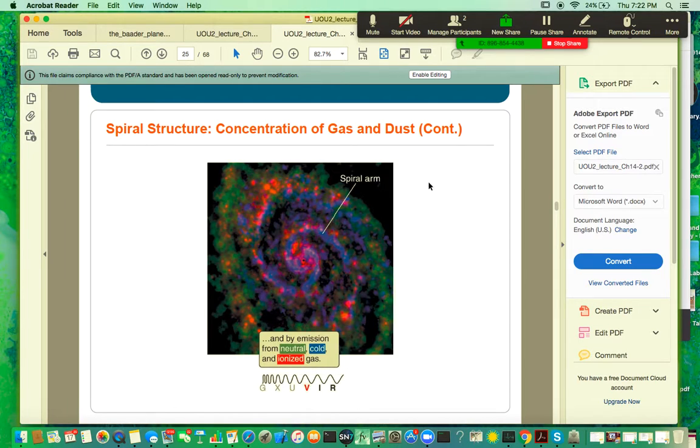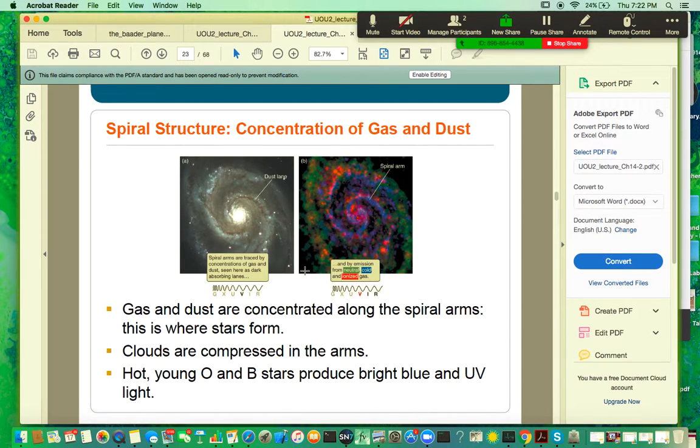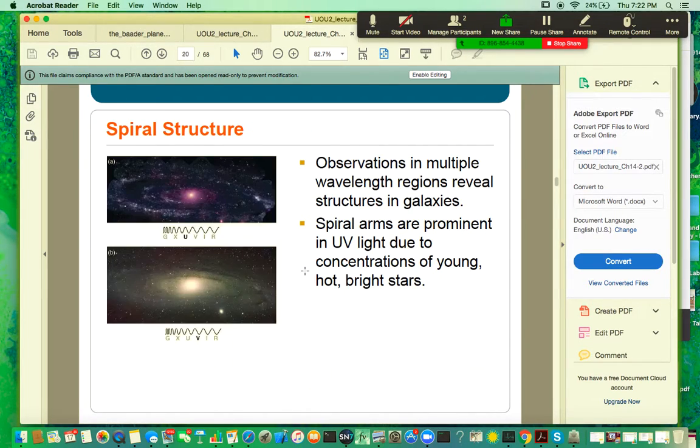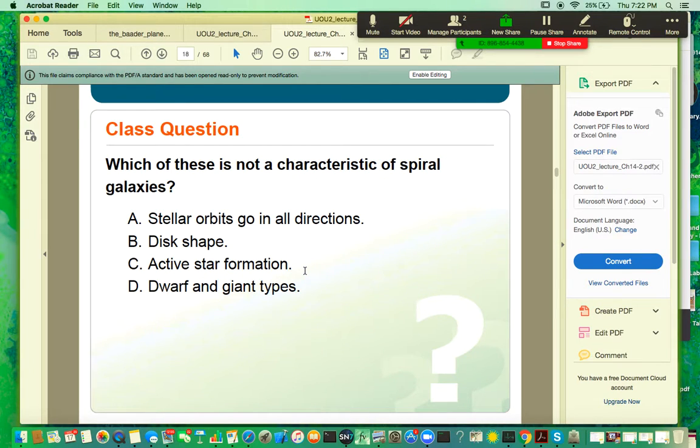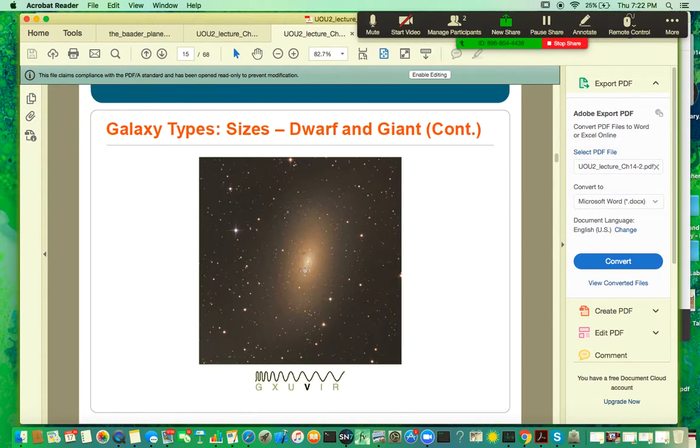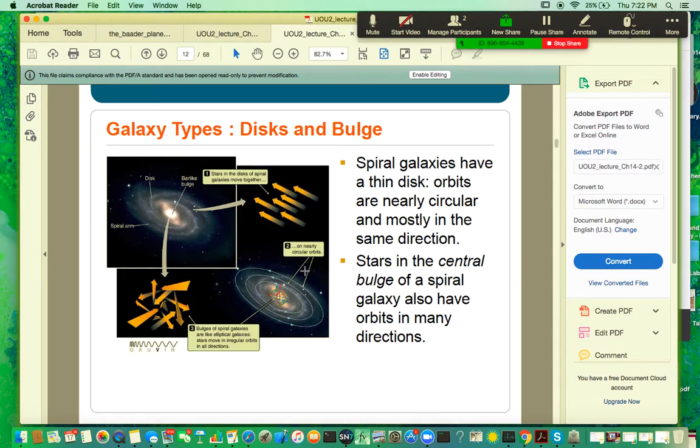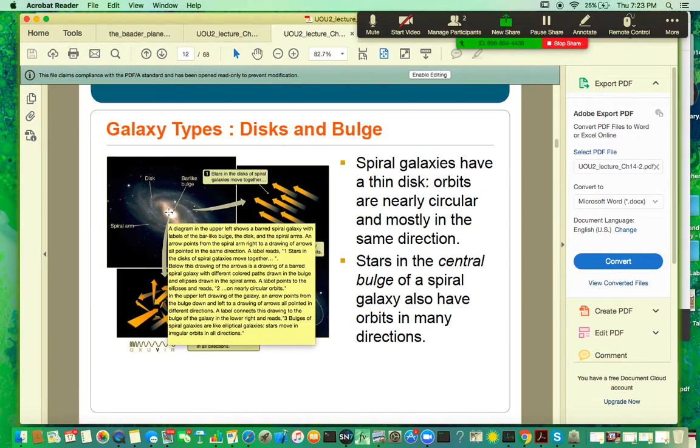Now, some spiral galaxies show through their central bulge a bright region that appears to be a bar. Let me see if I can show it here. Right there. See, this galaxy over here has a bar-like structure that crosses the bulge.